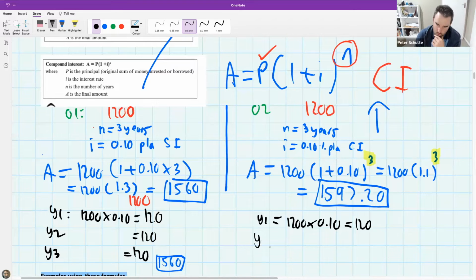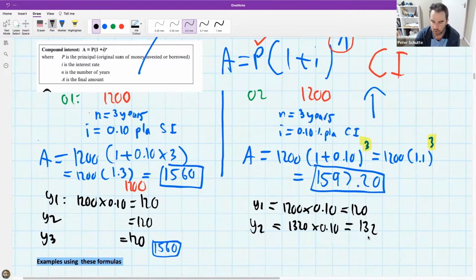But in year two, we no longer just base our interest calculation on 1,200. We get 1,200 plus 120, which is going to be 1,320. And then we get 10% of that, which gives us 132.